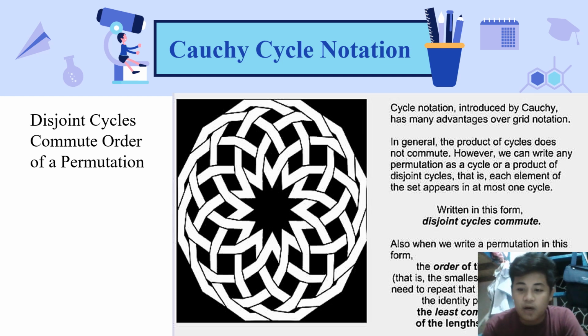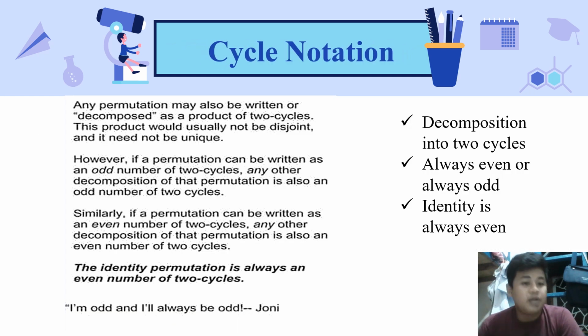Written in this form, disjoint cycles commute. Also, when we write a permutation in this form, the order of the permutation, that is, the smallest number of times we need to repeat that permutation to obtain the identity permutation, is the least common multiple of the lengths of the cycles.